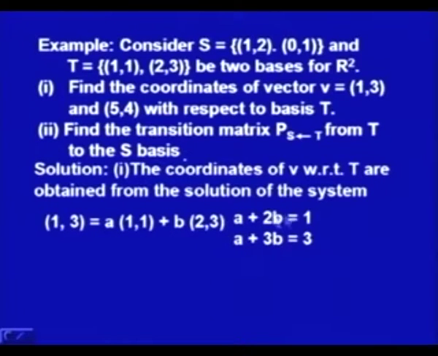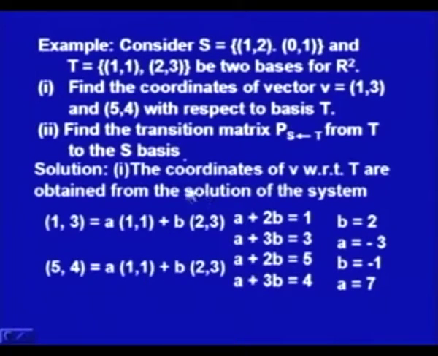When we solve this, you can very easily solve it, subtract this from this, that will give me B = 2, and substituting B = 2 in one of these equations, we get A = -3. So the representation of (1, 3) in the basis T is (-3, 2).